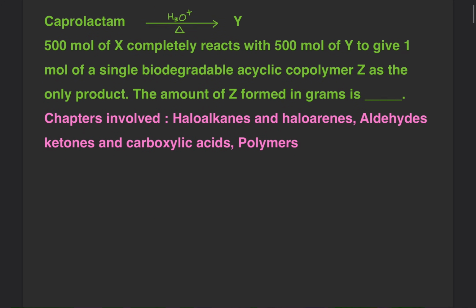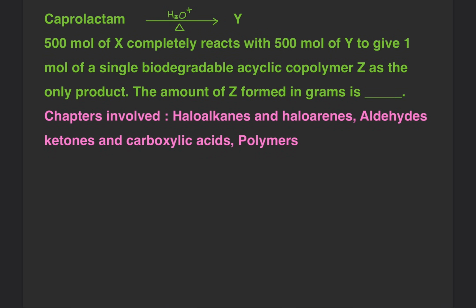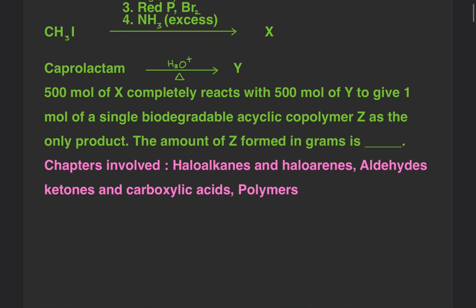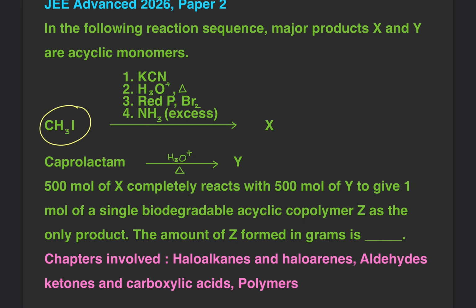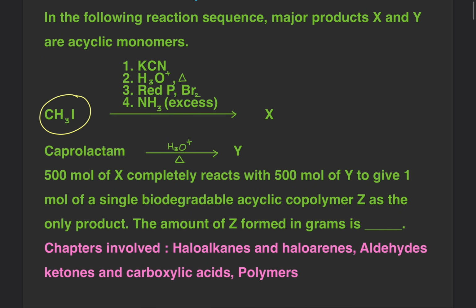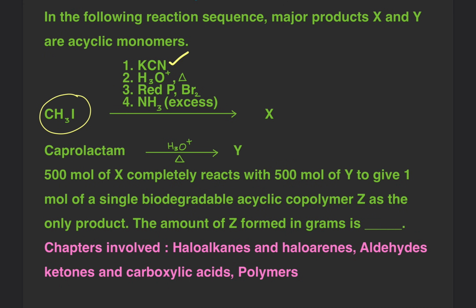Okay. So to get X, we start with iodomethane, that is this guy. We are reacting it with the first reagent, that is potassium cyanide, KCN.